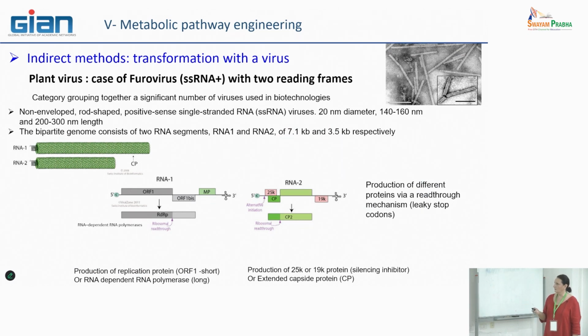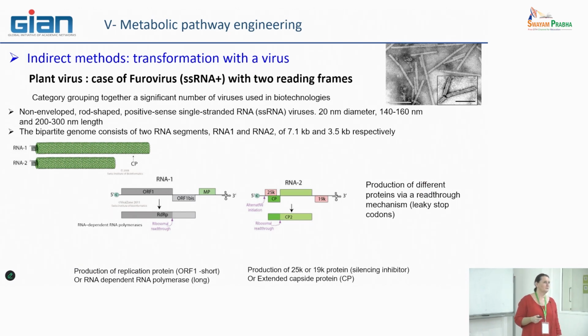And the last one that is also well used, in particular for silencing development, what I call VIGS, uses this type of virus. It is the case of furovirus. This furovirus has genomic material as a single strand RNA, okay?